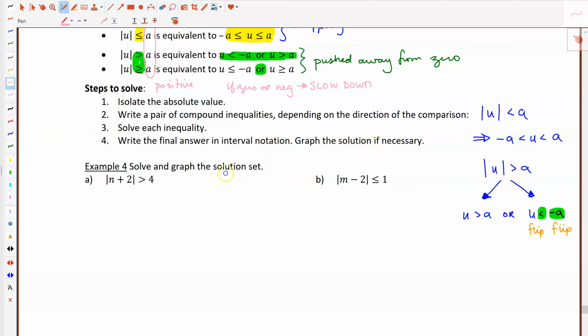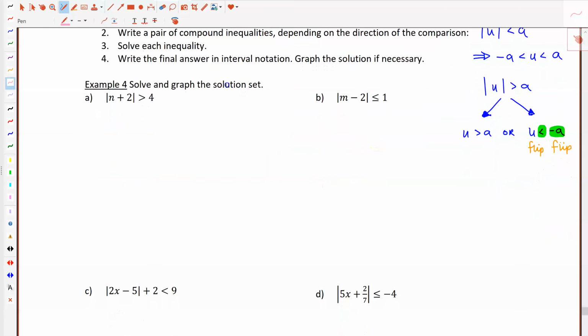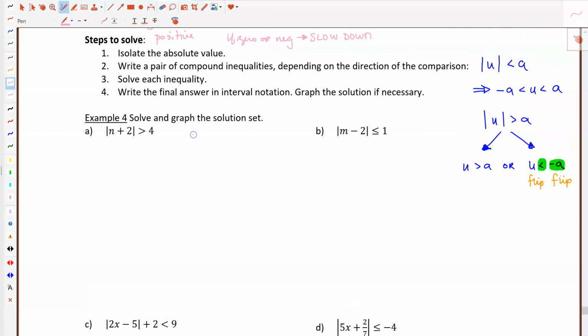All right, so let's get started. Our first example is the absolute value of n plus 2 is greater than 4. The first thing is to pay attention to the fact that this is a greater than inequality, and that tells me the way I need to set this up. My absolute value is already isolated, so that part's taken care of.